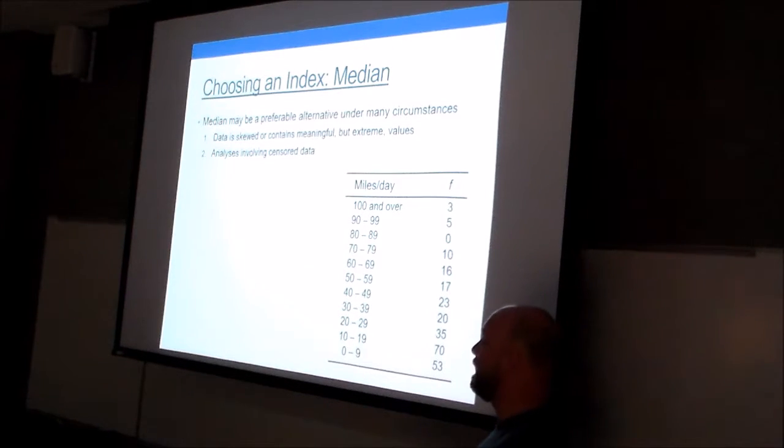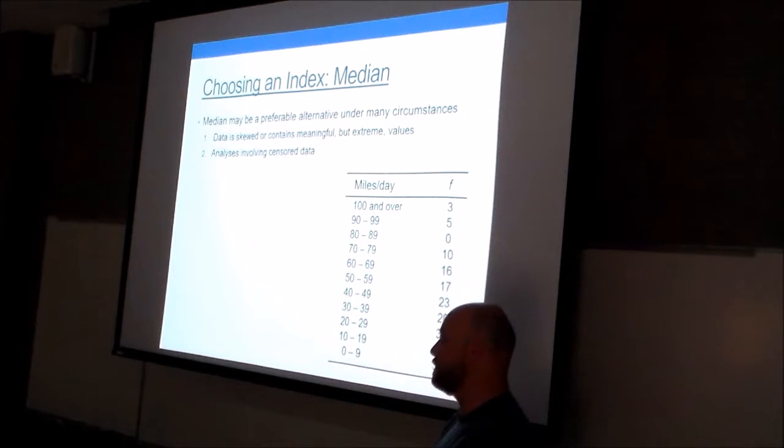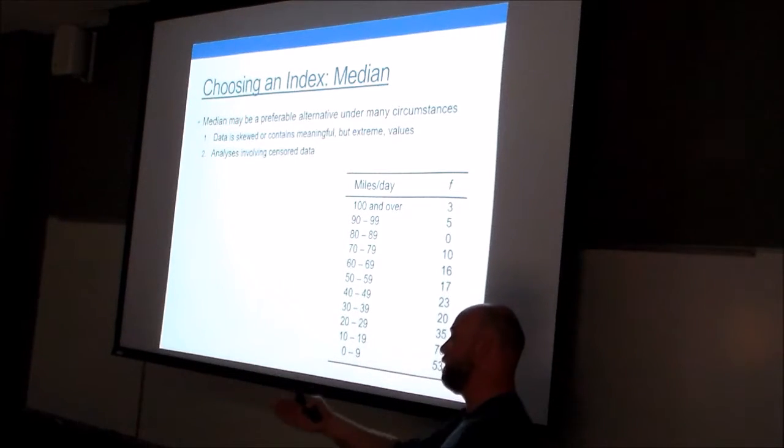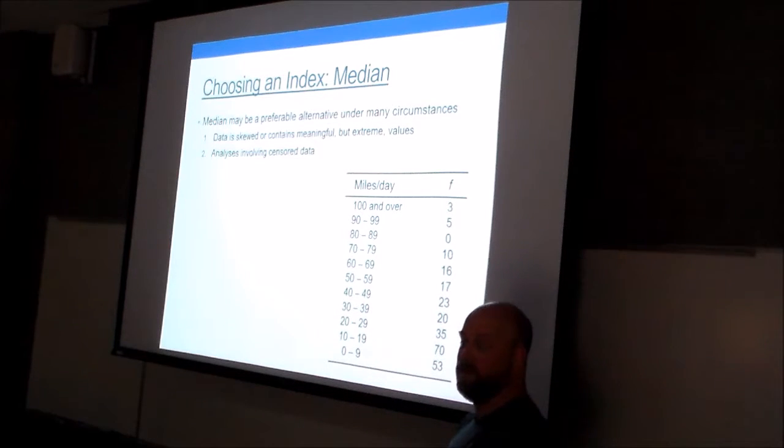I technically can't calculate a mean based on these data. Maybe in the real data set there's just a value where we hit 100, and anybody who drives 100 miles a day or more just gets a value of 100. We just cap it at that. So we've got 3 people with a value of 100. I don't know if that actually means they drove 100 miles or if they drove more than that.